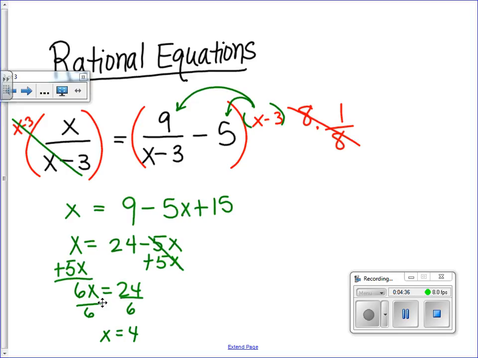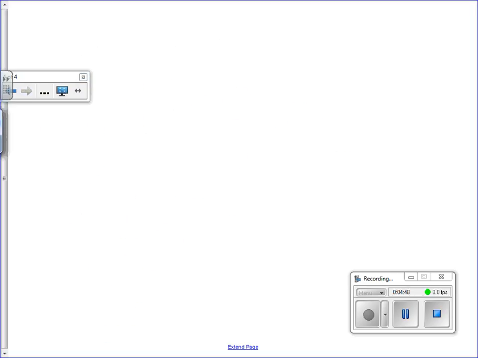Now watch this. Okay, keep that one on your paper to look at. I'm going to give you another one to try by yourself. So keep looking at that one so you have an example. 1 plus x over x minus 5 equals 5.